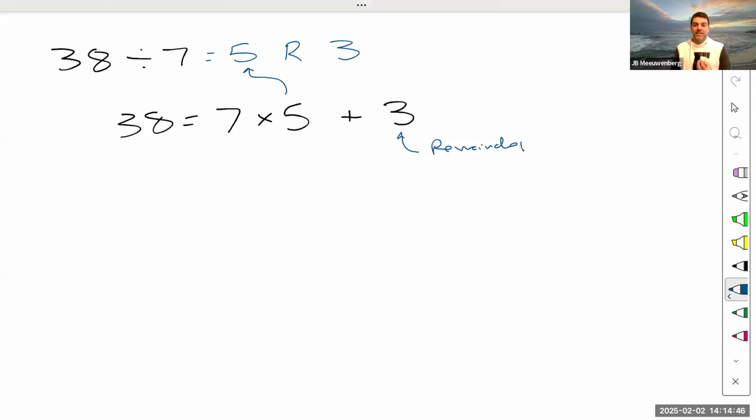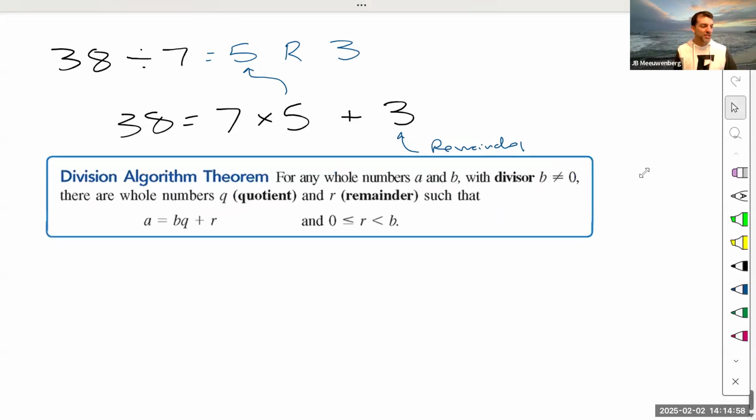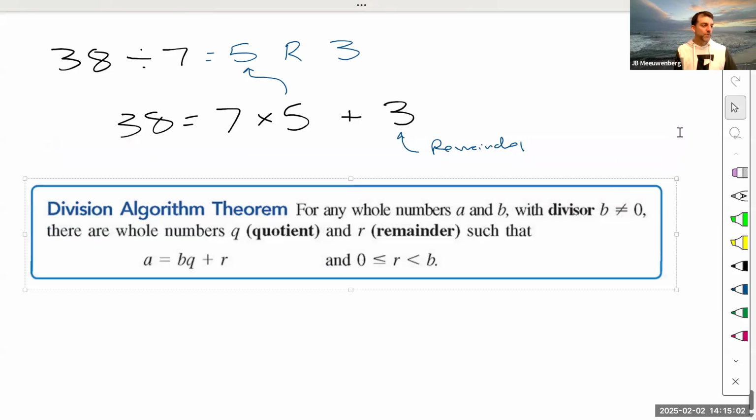So the fact that such quotients and remainders exist is really guaranteed by what we call the division algorithm theorem. So this is, again, one of those cases where I want you to pause and read this and try to make sense of it, because we use variables in here.